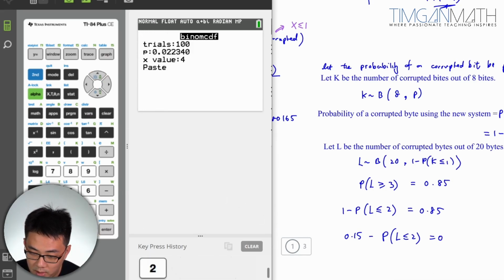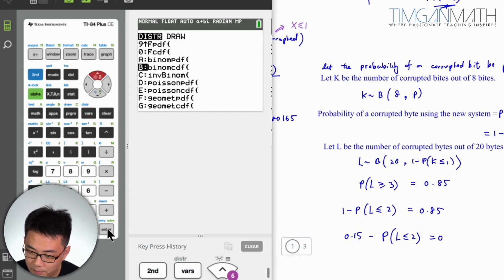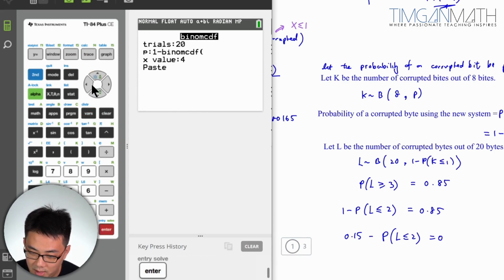I put this as 20, and the P here is 1 minus. You just put in at most 1. So the distribution is binomial CDF, and I don't even know what the syntax is for this. Okay, I think we just do this first.